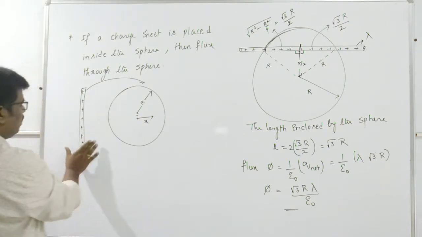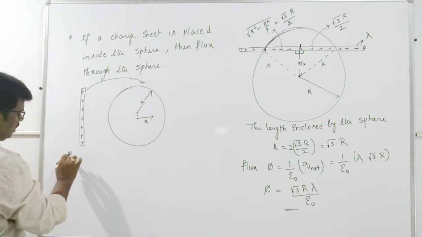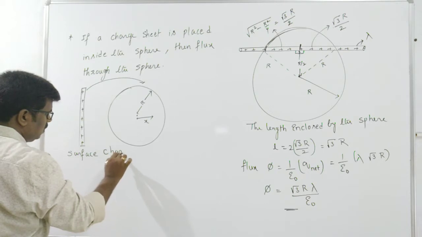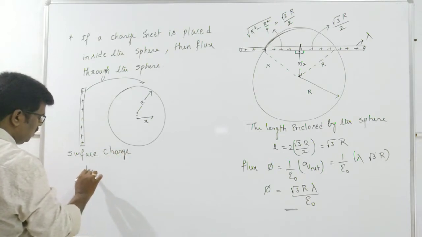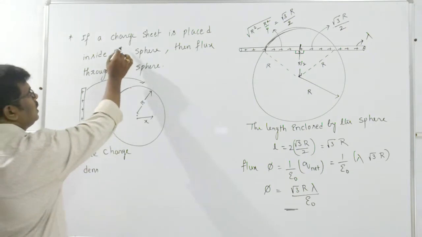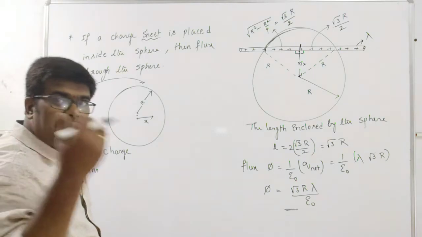So a charged sheet is there whose surface charge density is sigma. It is not a linear conductor, listen clearly here. We have a charged sheet, which means the charge is distributed over the surface.